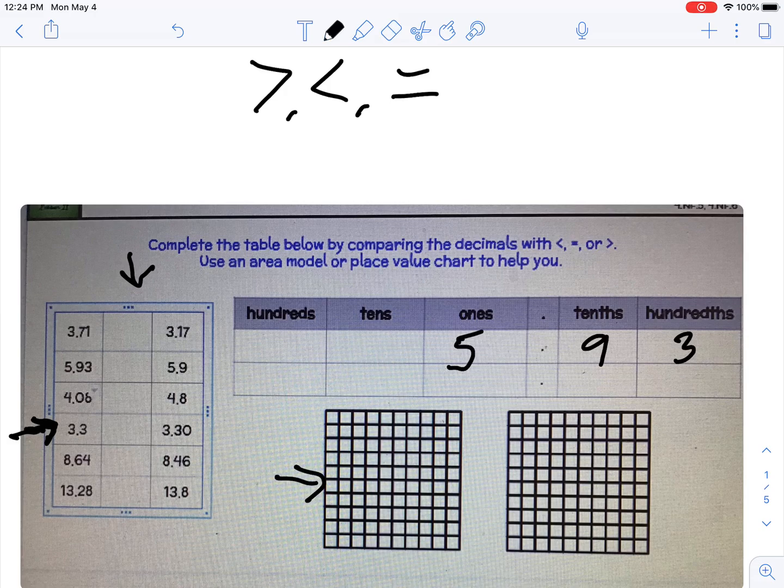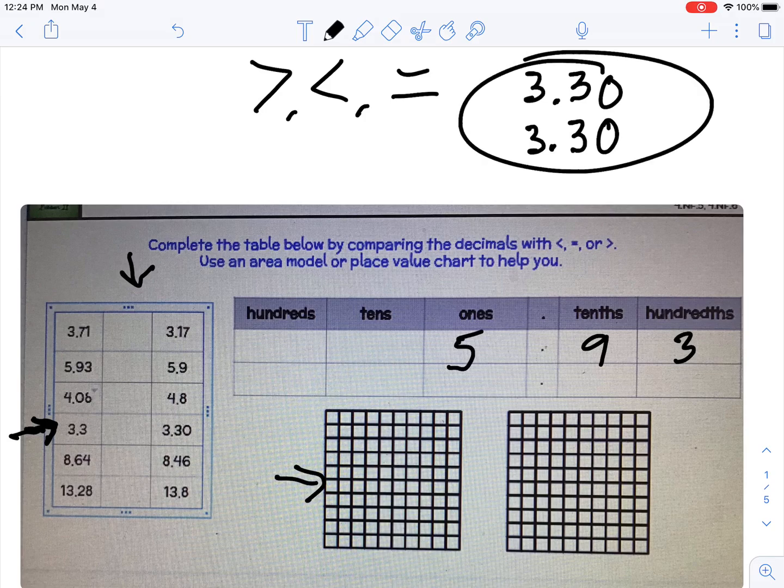All right, again, hopefully you stacked them. Some of you might just be able to look at them and know, but it doesn't hurt to take the extra few seconds to write the numbers down, stack them, and line up the decimals. Remember, if you have a blank spot, add the 0, and now you can clearly see that those two are equal.